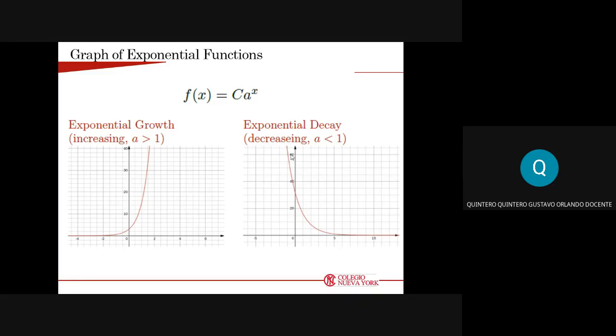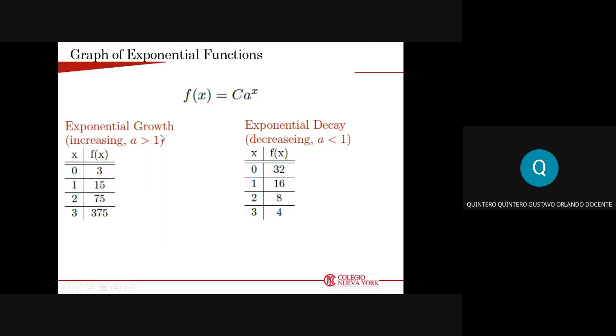Beautiful, guys. So we have three ways of finding exponential growth or exponential decay. Number one, we can take a look at the values. If the values are increasing, we have exponential growth. If the values are decreasing, we have exponential decay. But also, we can take a look at the value of a in the function itself. If the value of a is bigger than 1, we have exponential growth.